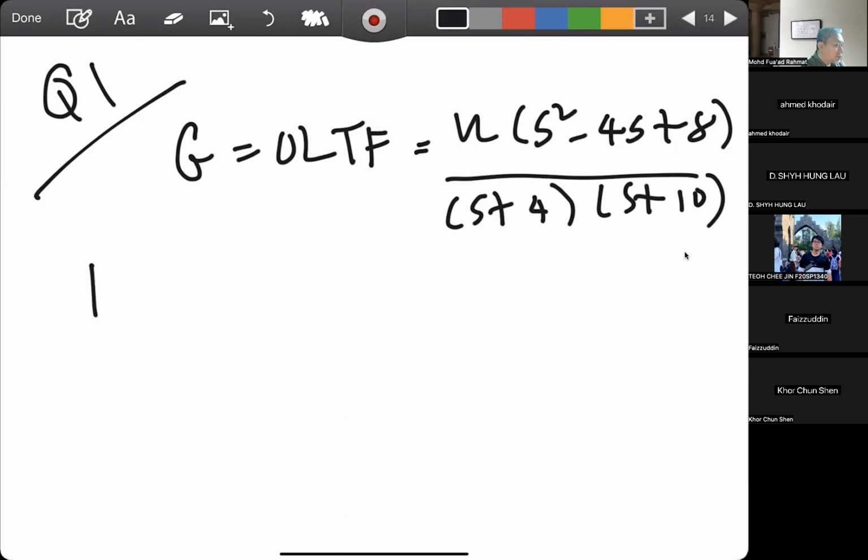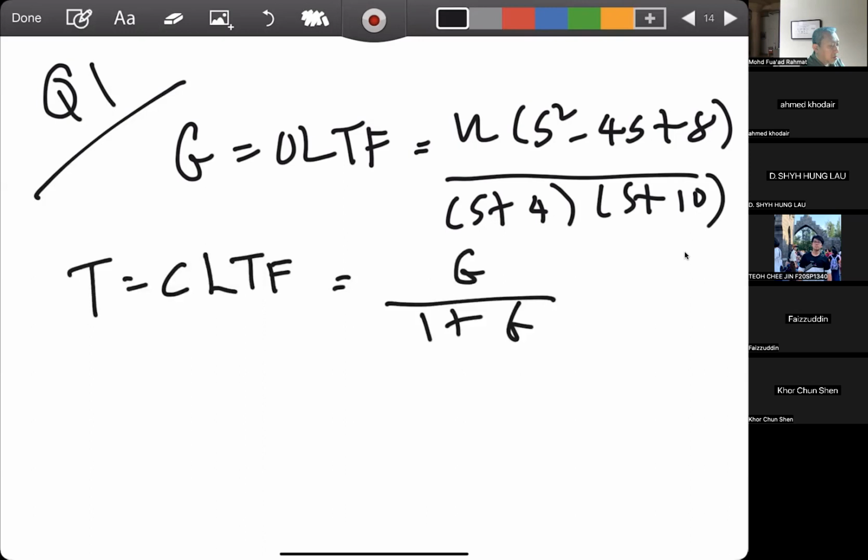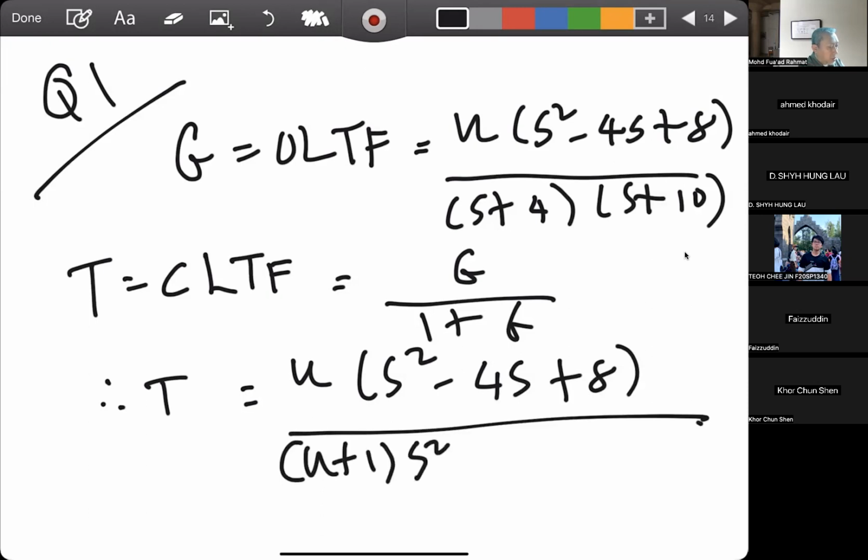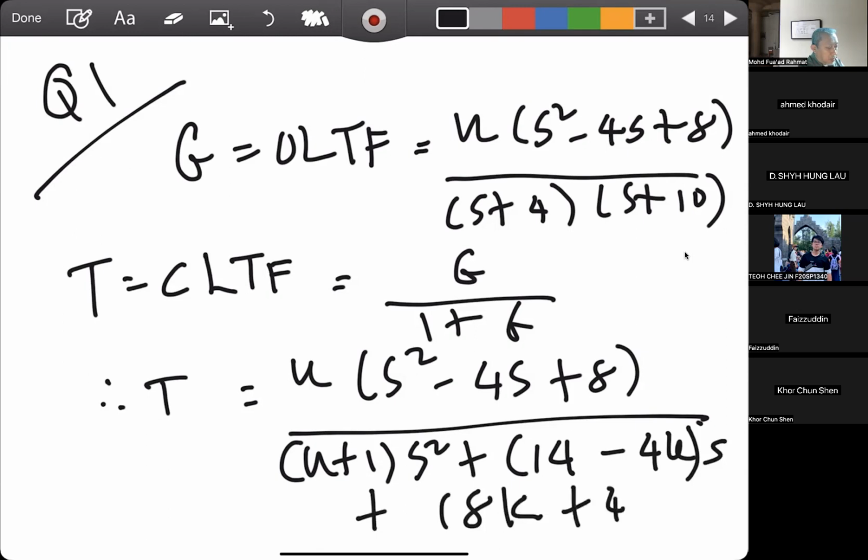So find the closed loop, because you want to find the intersection with the imaginary axis. G over 1 plus G. So the closed loop will be K(s squared minus 4s plus 8) over (K plus 1) s squared plus (14 minus 4K) s plus 8K plus 40.